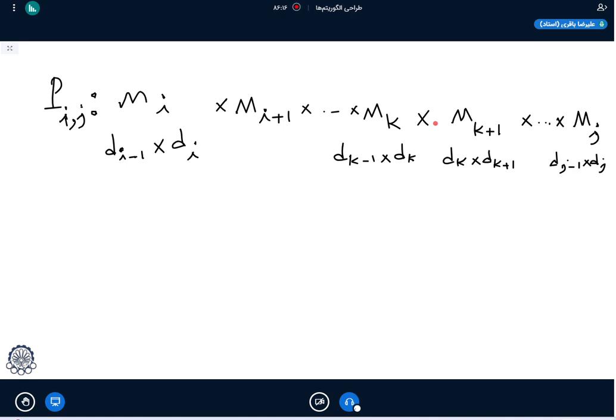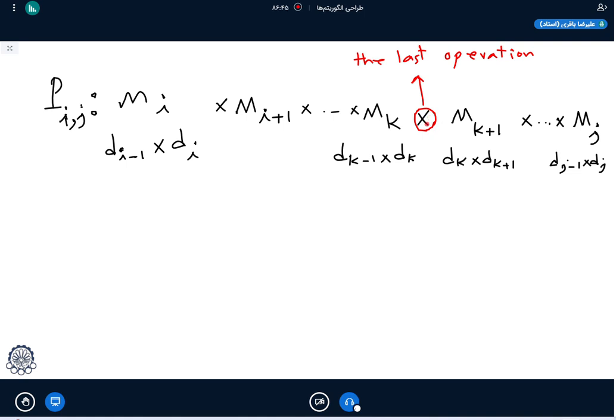But suppose that this multiplication is the last one. Suppose this is the last operation in the optimal parentheses. We do not know which one is the last, but assume that this is the last one.